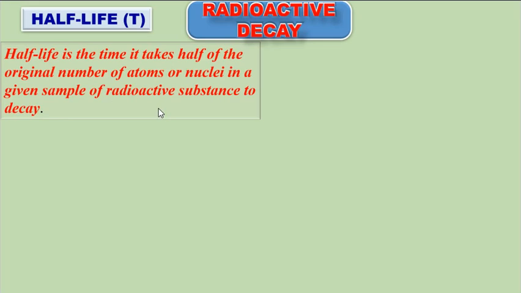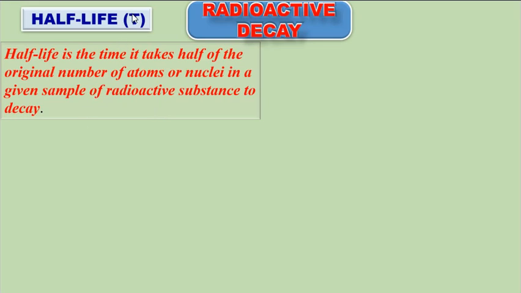Decay. If you have 2,000 particles and in 30 seconds it reduces to 1,000, the half-life is 30 seconds. If you have 10,000 particles and in 50 years it reduces to 5,000, that means the half-life is 50 years. So that's what we refer to as half-life.